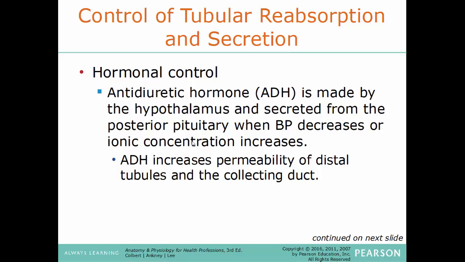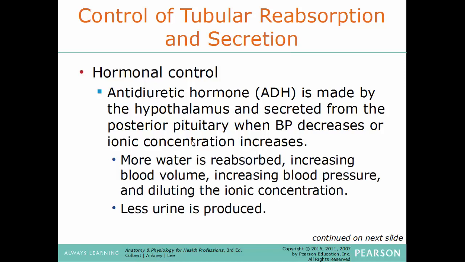A diuretic is a medication that makes you urinate more. So antidiuretic will help you conserve water, make you urinate less. So when more water gets reabsorbed, this will increase blood volume, which will increase blood pressure, and therefore dilute the ionic concentration. The overall point of ADH is to make less urine.